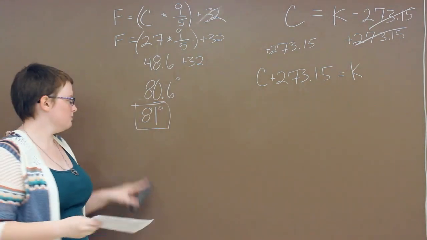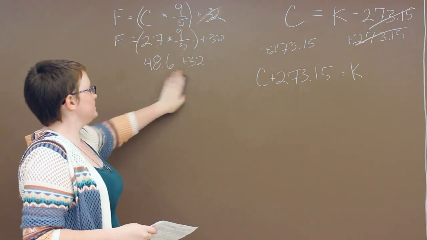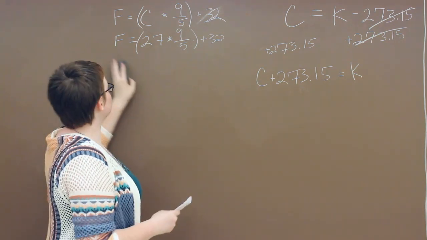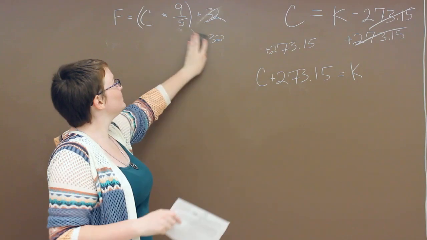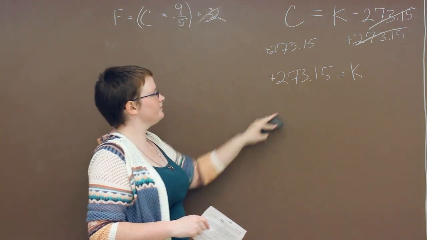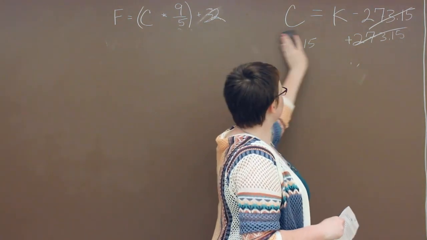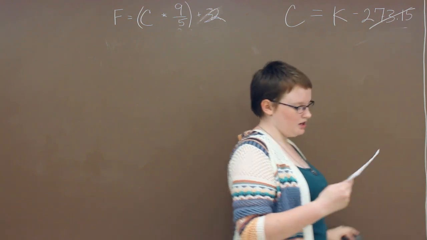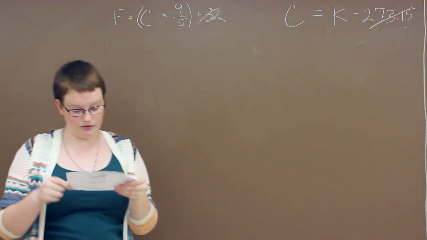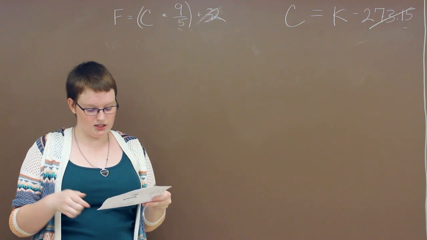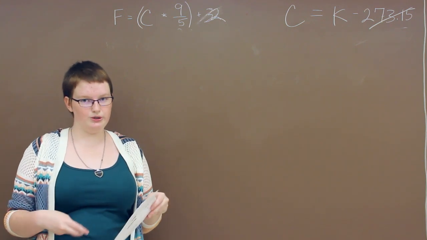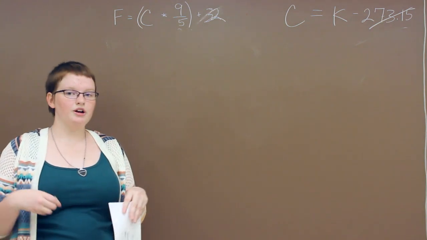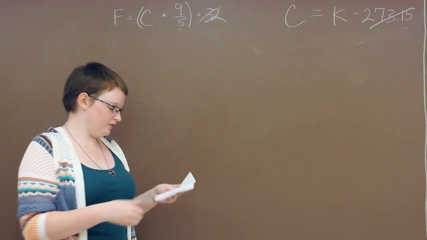So our next practice problem, let's say you went to a science demonstration and they were doing some really cool demonstrations with liquid nitrogen. The person doing the demonstration says that the boiling point of nitrogen is negative 320.42 degrees Fahrenheit. So we want to know how cold that is in both Celsius and Kelvin.